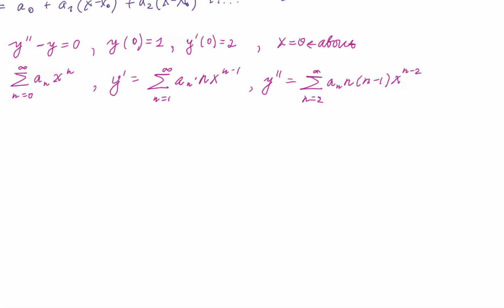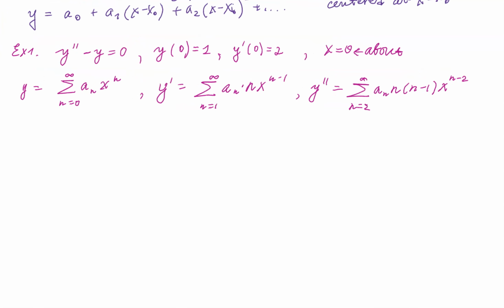Because when I plug this solution into my equation, my sigma here starts with 0. I want to have a similar sigma for the second derivative. If I want to write down everything in sigmas, I want to have similar sigmas. So here I'm going to shift the index and move it to 0 back.